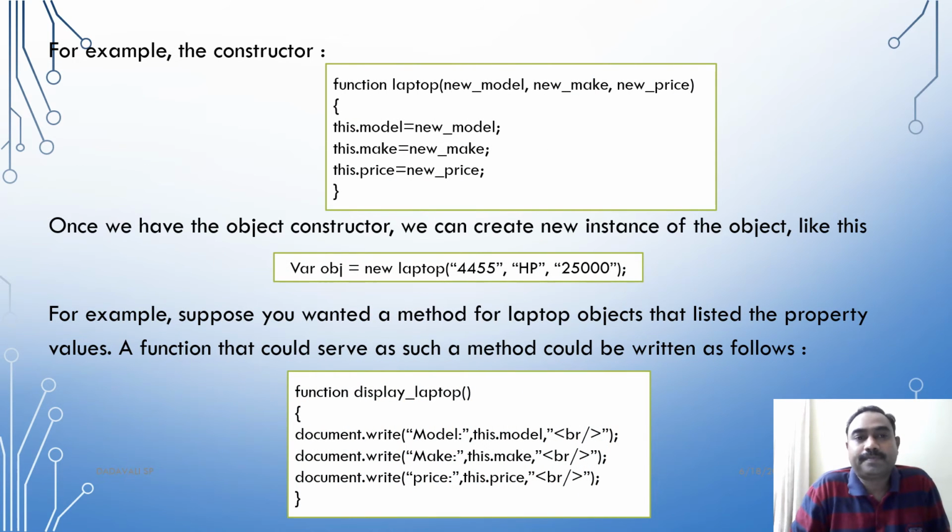For example, create a constructor function, where laptop is the function name. Here there are three parameters: newModel, newMake, newPrice. In this function, we assign the values to the this dot properties, meaning model, make, and price.